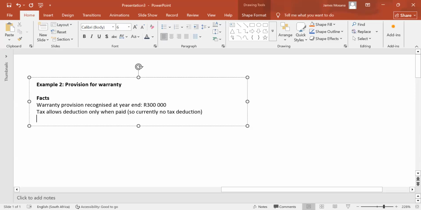So now, we have a tax rate of 27%. So we need to assume it is probable the company will have taxable profit.